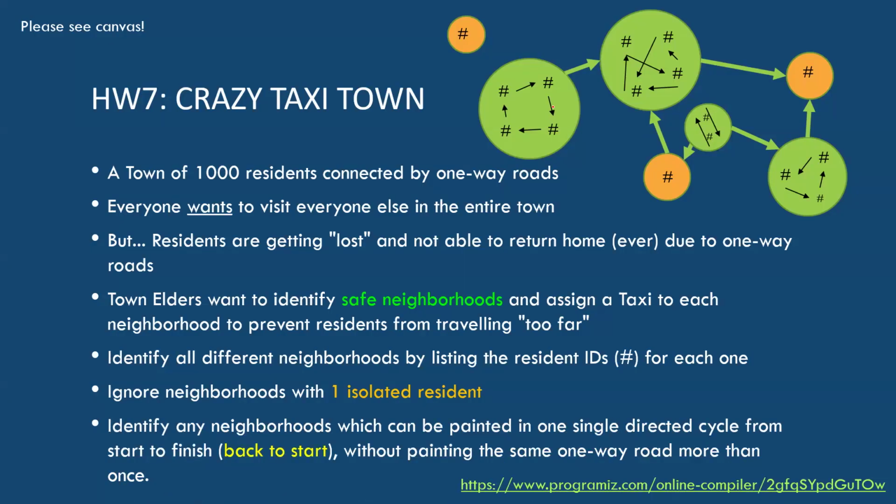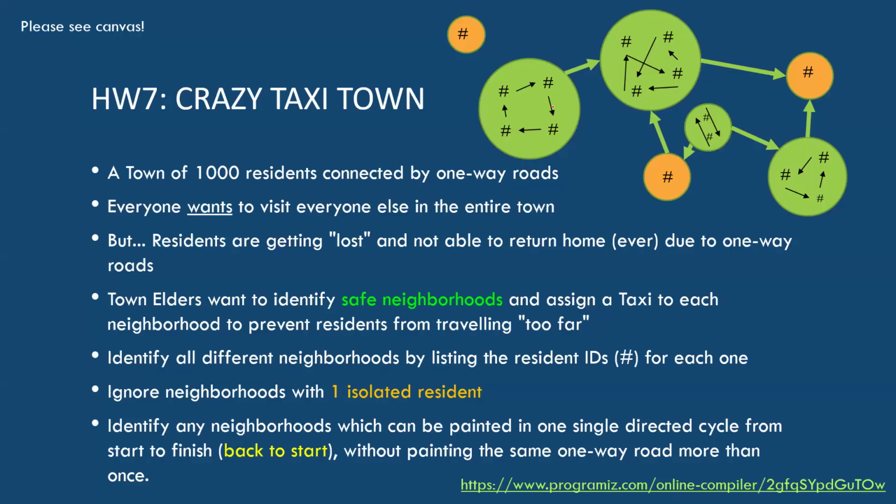And so there's a couple add-on questions. One is, can we find a cycle in any of the neighborhoods, one or more neighborhoods, where we can paint the lines all in one go? So that is what we call an Euler cycle.